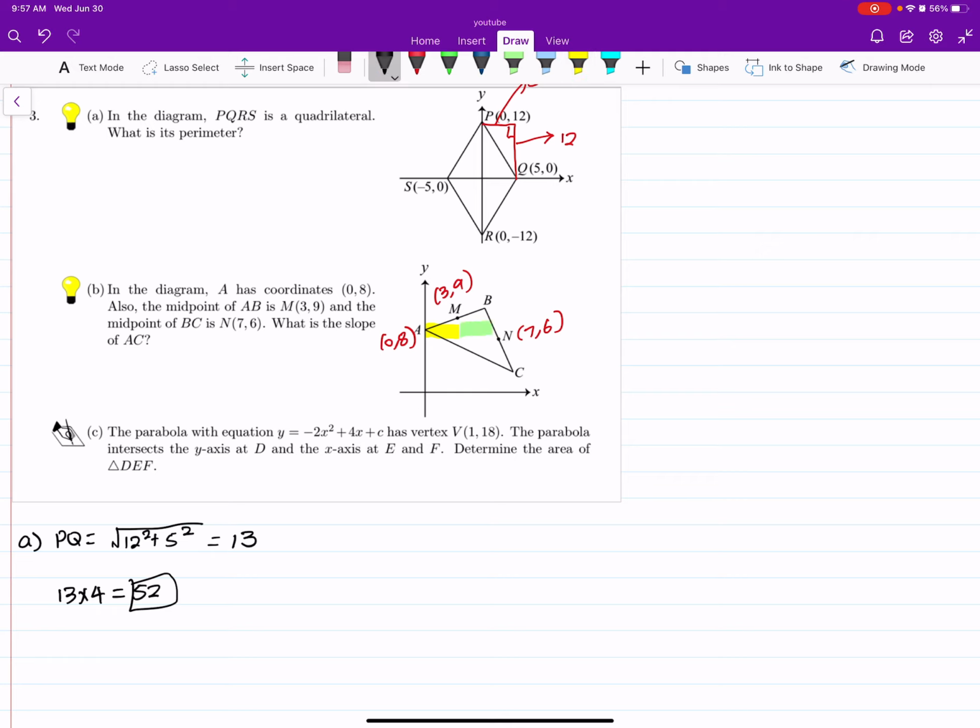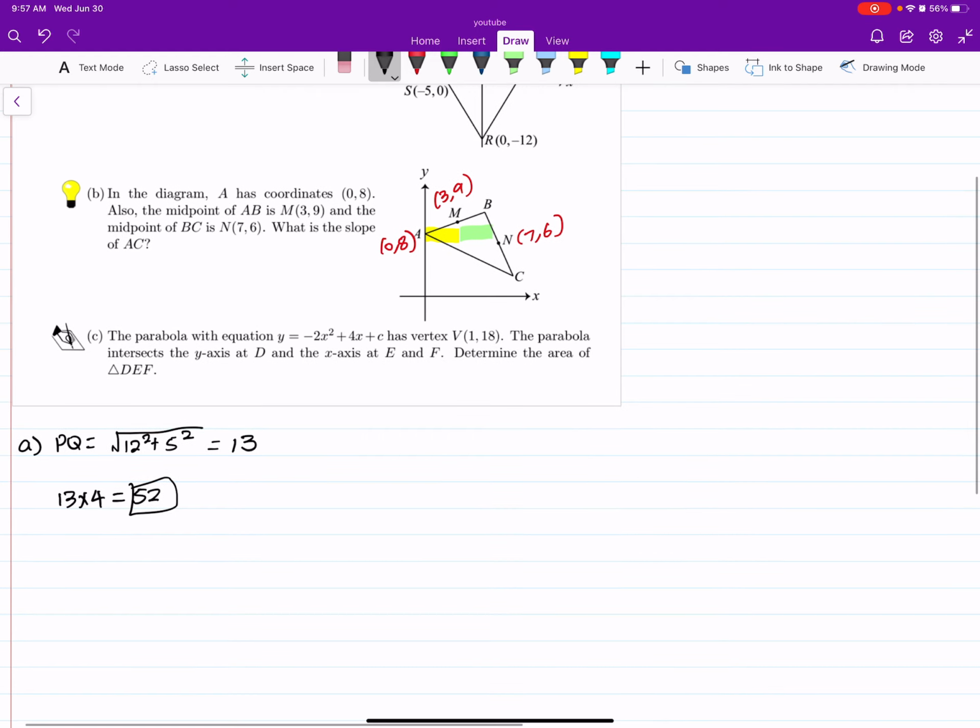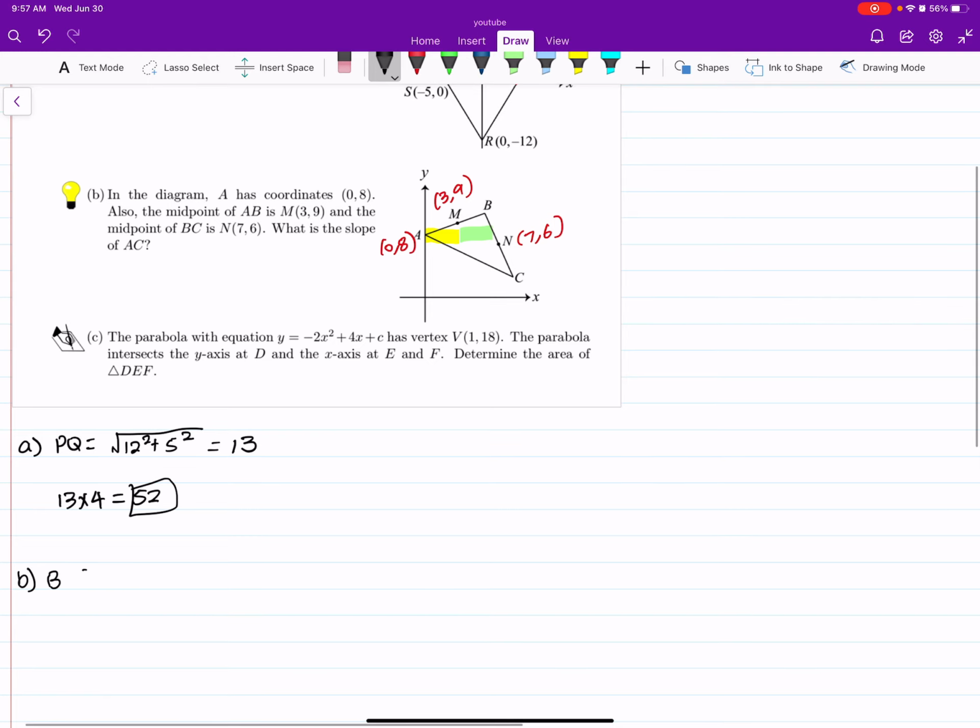So the x-coordinate of B would be 3 plus 3. And the y-coordinate, vertically from point A to M is a distance of 1. So from M to B is also a distance of 1. So 9 plus 1. So now we have the coordinate of B. So B is (6, 10).